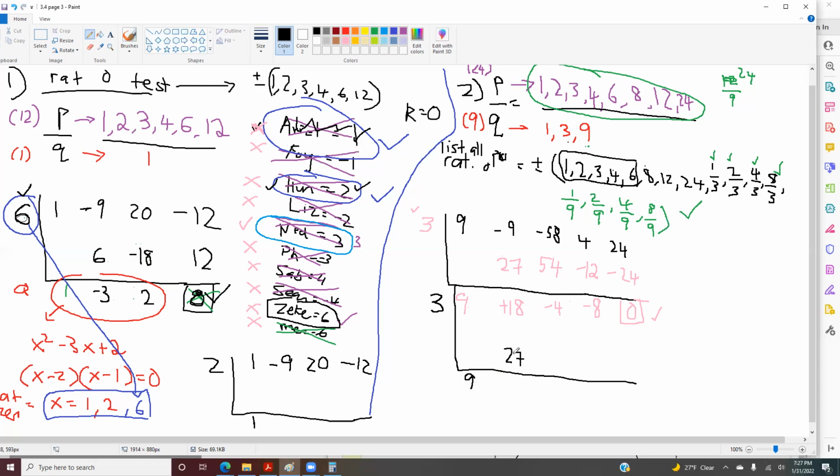The numbers get really big here, and then you multiply by 3. So it doesn't work. Class, you do not need to go all the way, because once you reach big numbers, you can stop already. That means there's no way you can get a 0 when you add with -8, right? So that means 3 doesn't work. So don't forget, it can repeat twice.